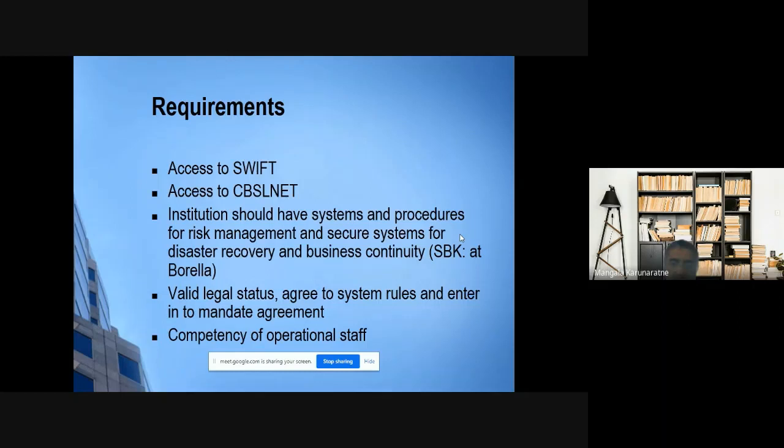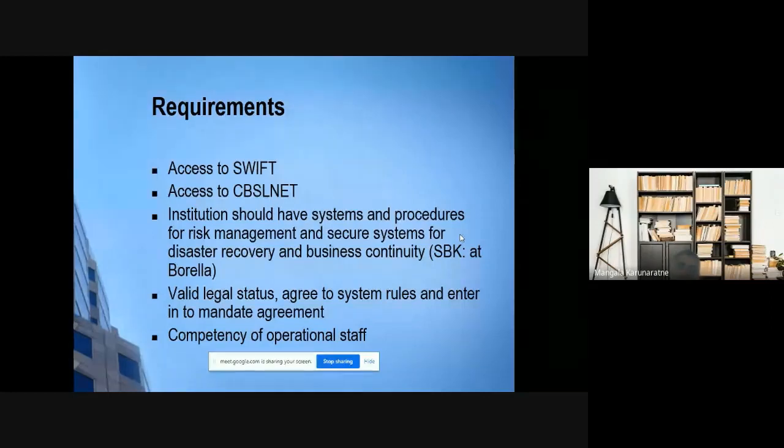They have mentioned, not only for RTGS but for treasury operations, that staff members working in these areas have to acquire certain qualifications. Those are in the regulations: the ACI, CBSL certificate, or a diploma course in treasury management.